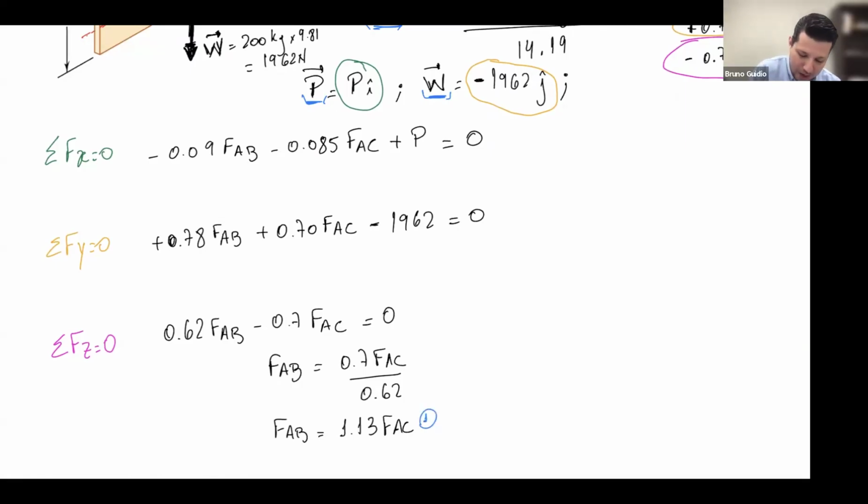If I substitute number 1 here, I will leave it to you, I'll find FAC is 12,440.67. This is my number 2.